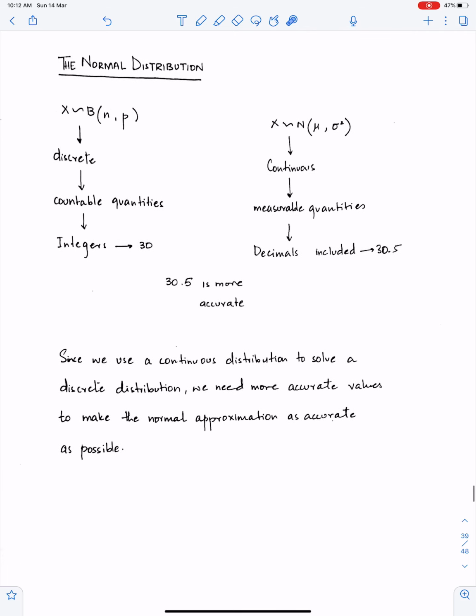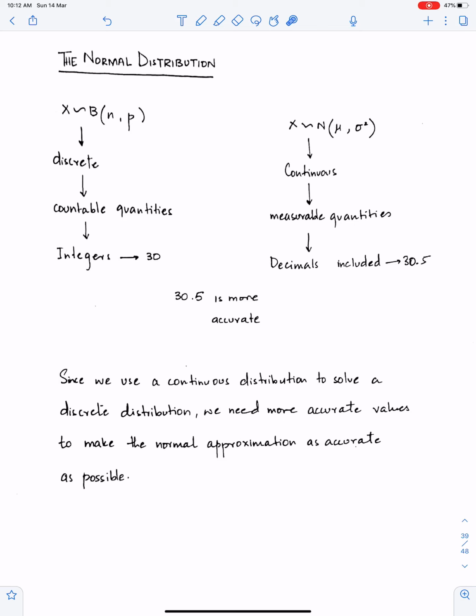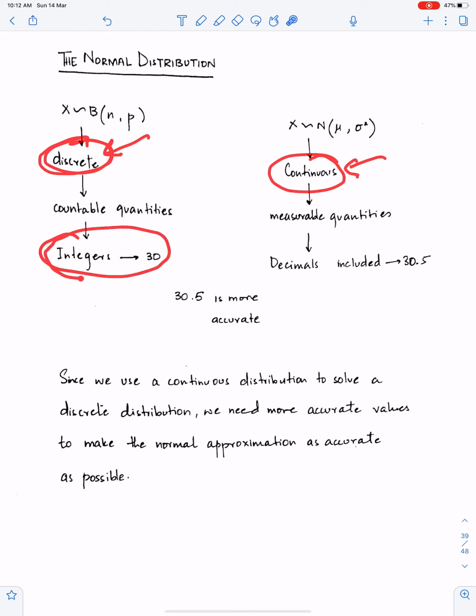The normal distribution is continuous and binomial distribution is discrete. Discrete means countable quantities, continuous means measurable quantities. So in binomial, we can only have integers. We cannot find the probability of 30.3 in binomial.